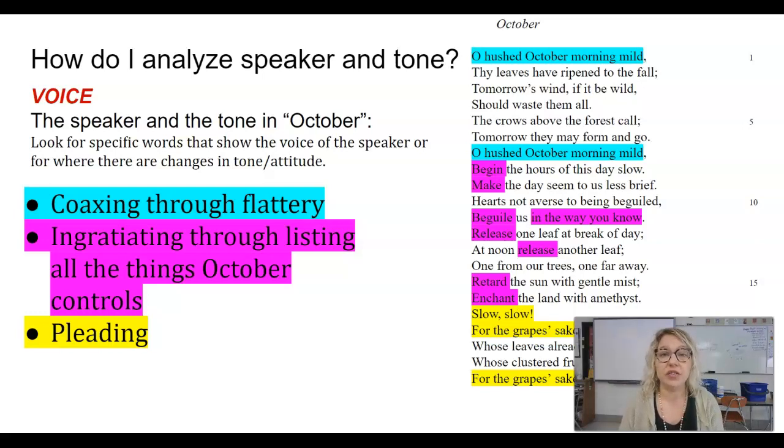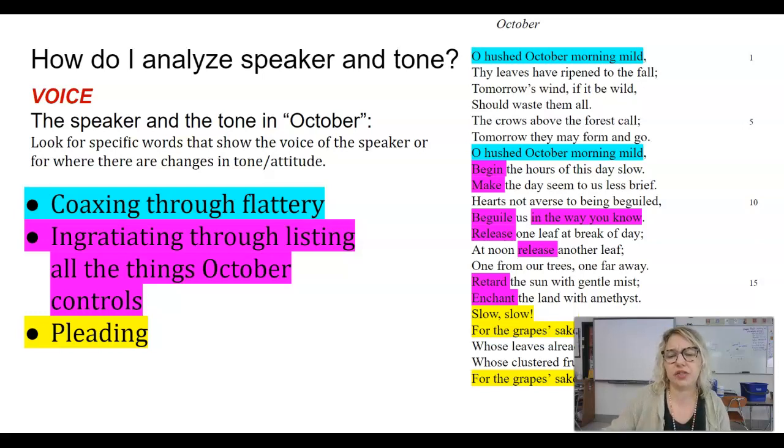These are all commanding verbs in that the speaker is commanding October. That's the type of sentence structure that we have. But the listing of them one after the other starts to make it feel as if October has limitless control and power. And in that way, again, we're sort of coaxing and ingratiating October.